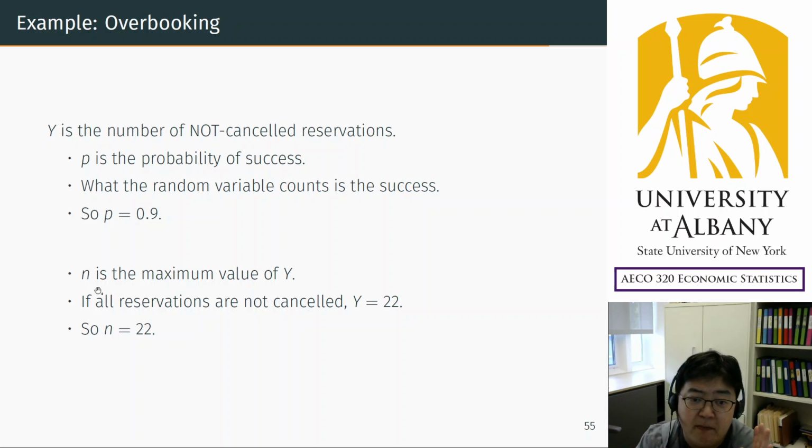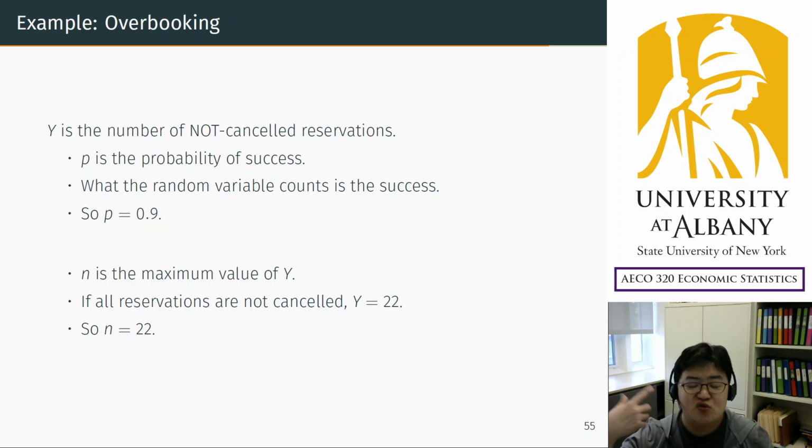At the maximum, n could be 22, because if no one cancels the reservations, then all 22 reservations are not canceled. They are coming to the airport to take the flight. So in that sense, the parameter should be 22.